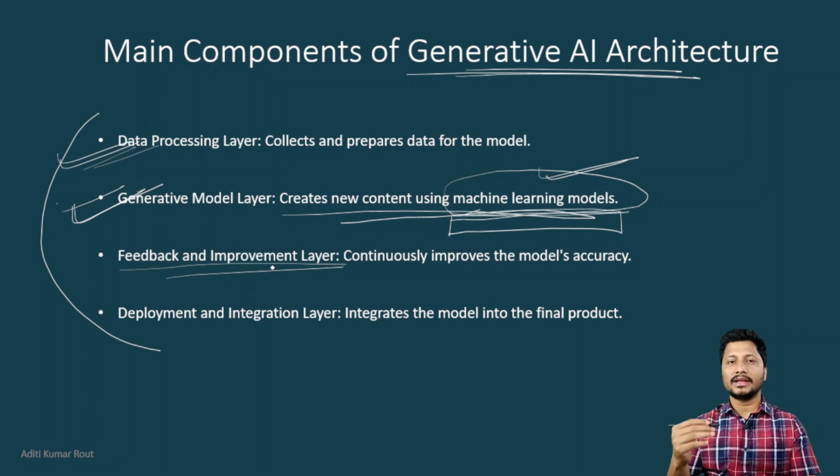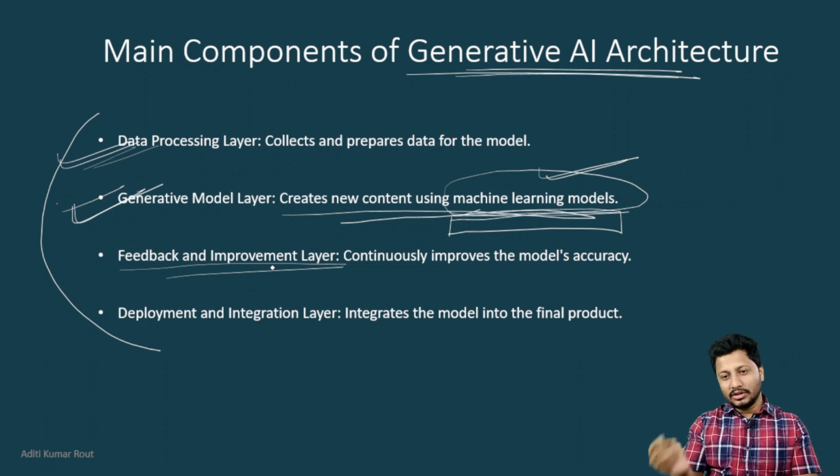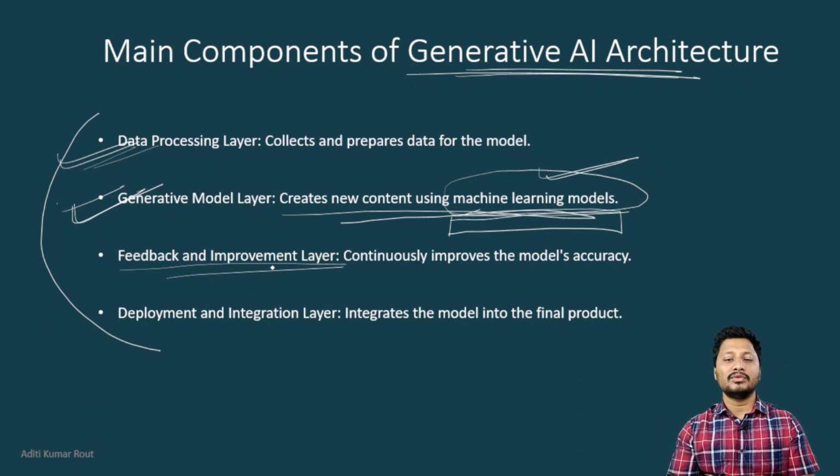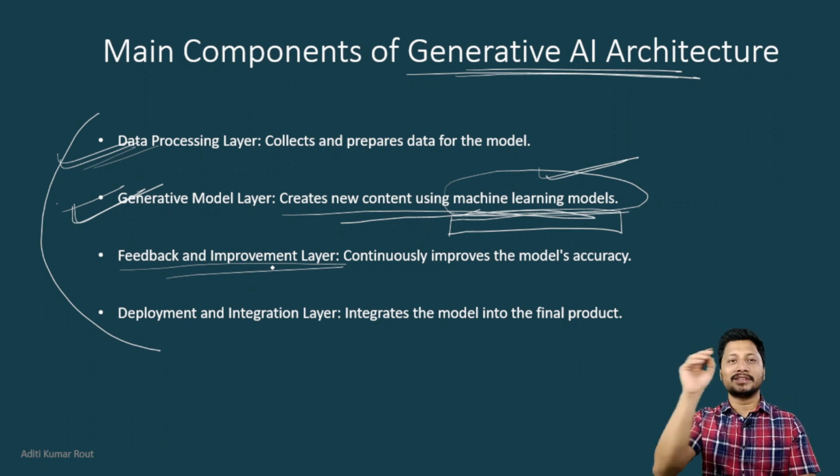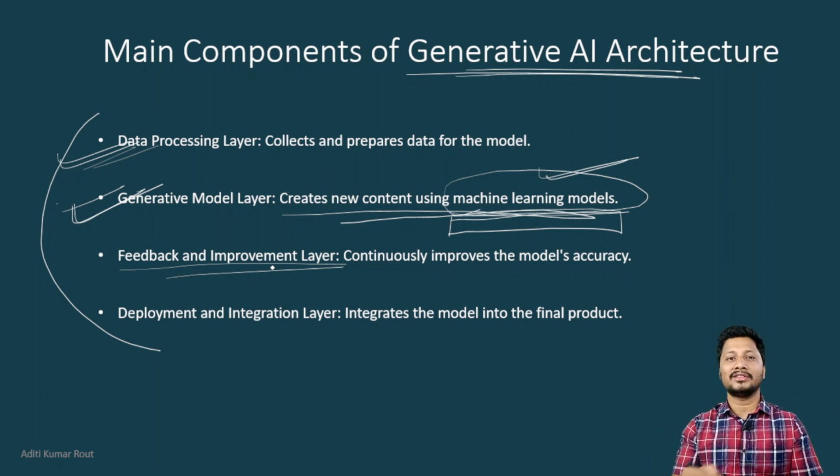If it is not working as expected with reference to our testing data or validation data, then we do backtracking and continuous improvement, starting from data collection to model building again. We follow the entire cycle, right? We have already created another video earlier on how the entire process or cycle is followed whenever we are building any machine learning model or data science model.